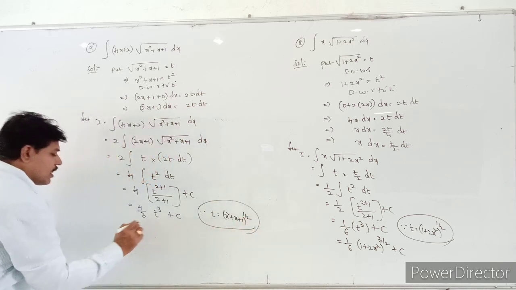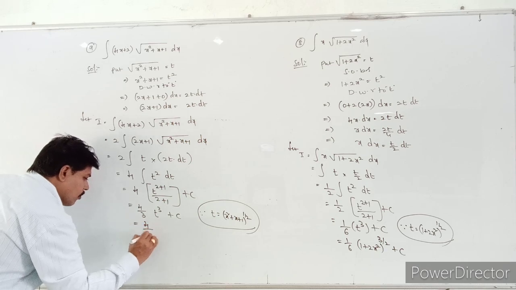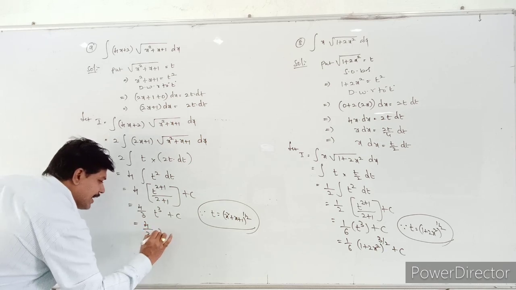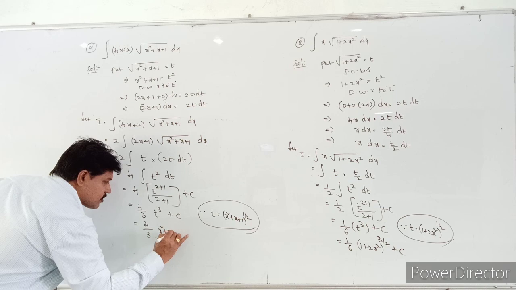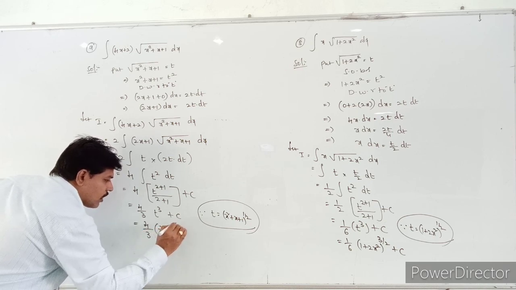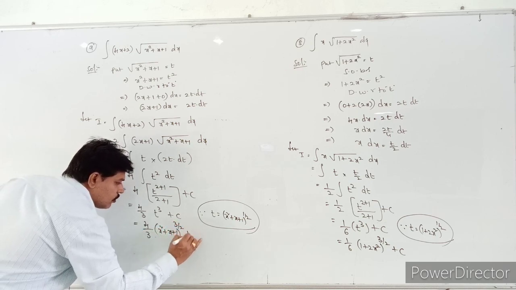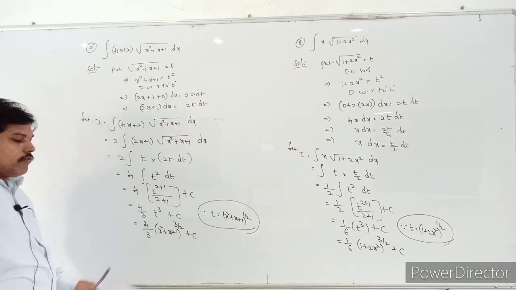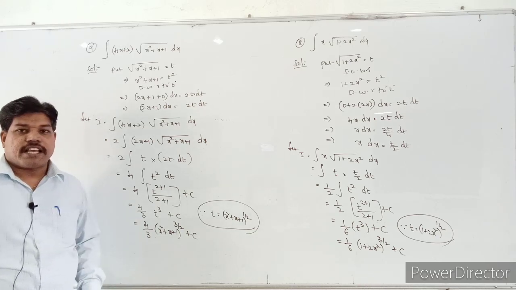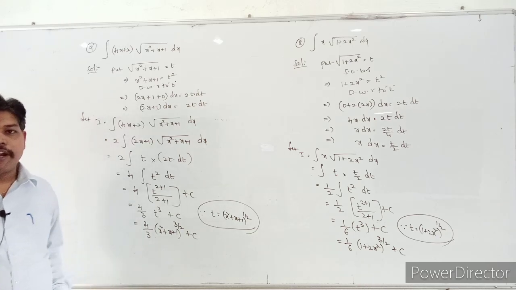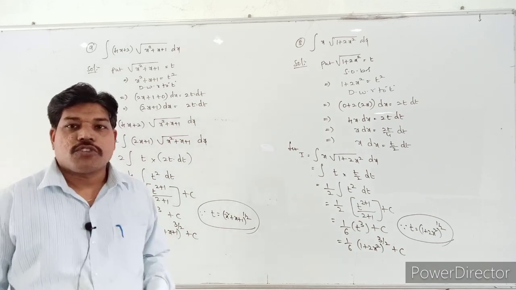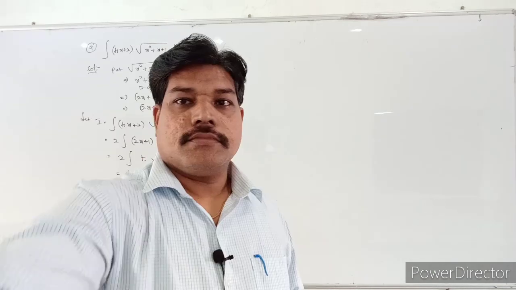Substitute this value here. What we will get as the answer? 4 by 3 into x square plus x plus 1 whole power 3 by 2 plus c. See that question, students, once again.